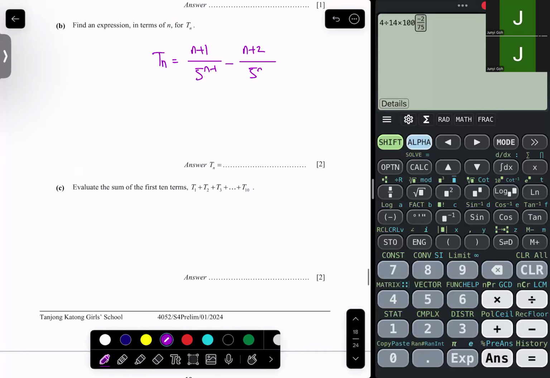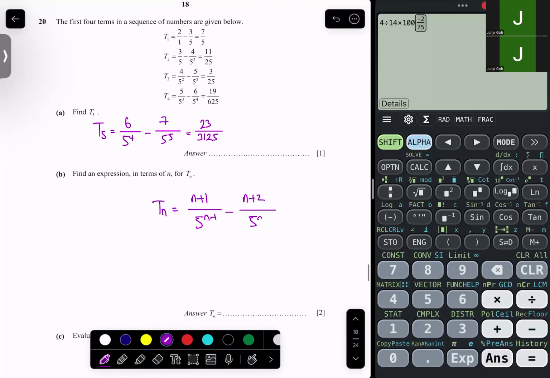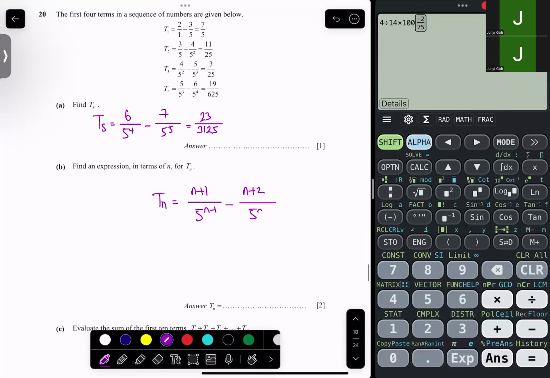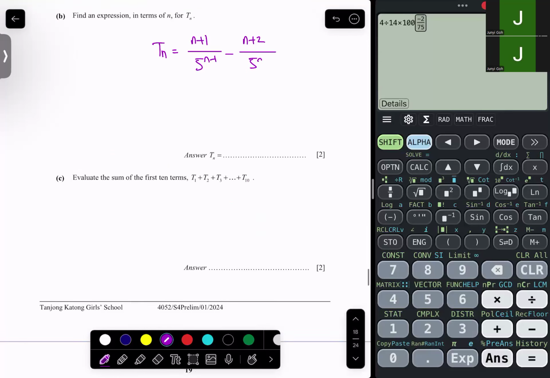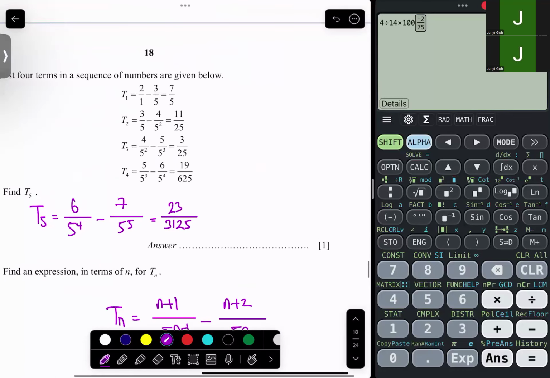Evaluate the sum of the first 10 terms. For this sort of question, you just make a little bit of listing, then you'll figure it out. So this is T1, 2 over 1 minus 3 over 5, then plus T2, plus 3 over 5 minus 4 over 5 squared, plus 4 over 5 squared minus 5 over 5 cubed, then minus again.